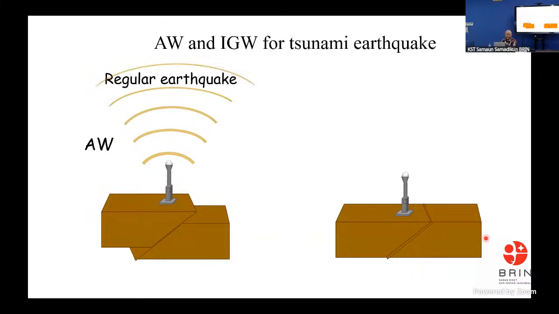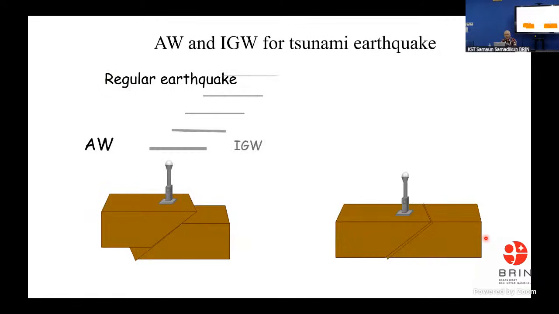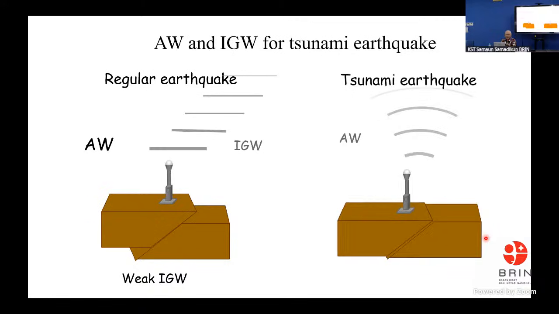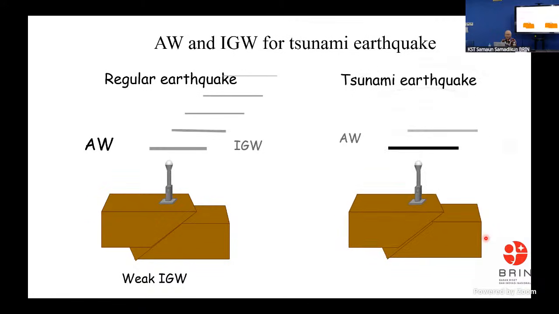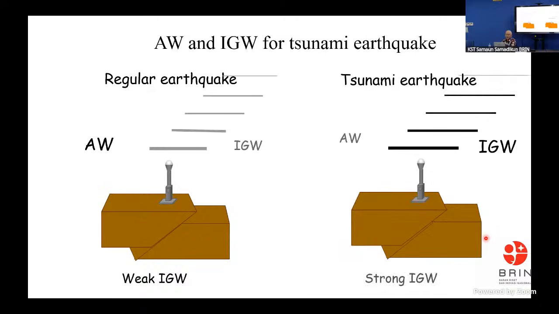And you can tell the difference by the acoustic wave. A fast earthquake makes a strong acoustic wave and less internal gravity wave. But a tsunami earthquake also makes acoustic wave, but the internal gravity wave is much stronger.